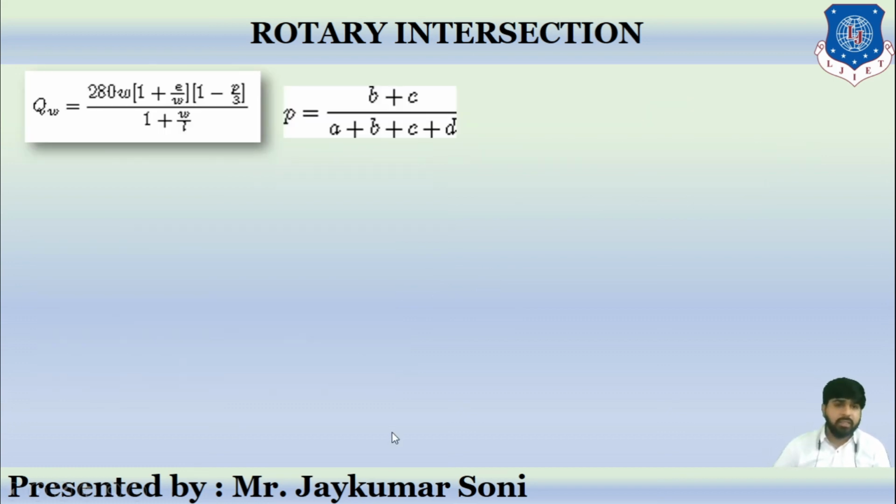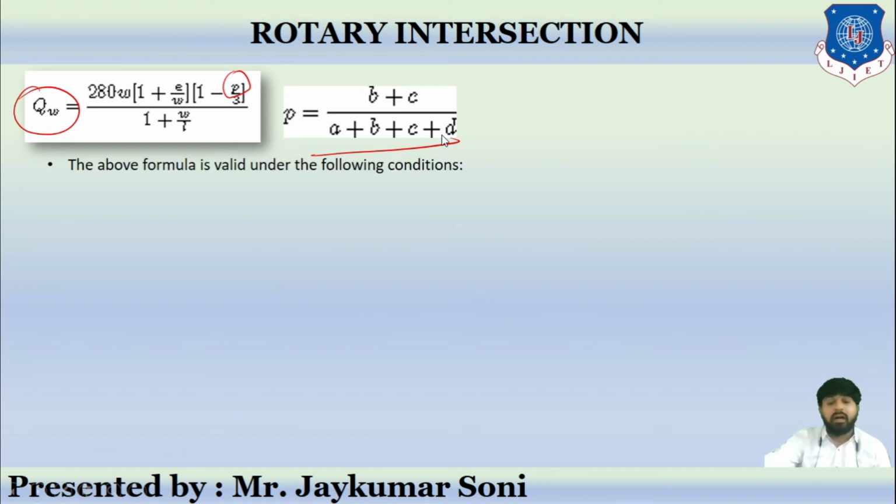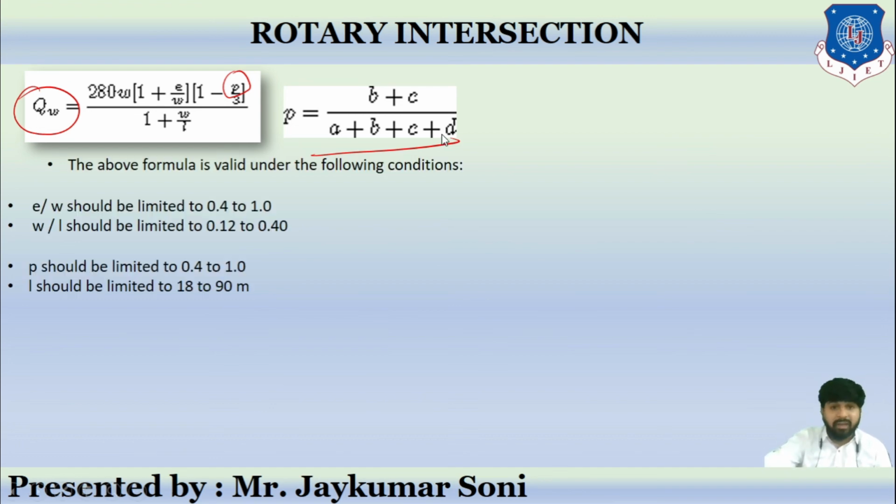So ultimately, this was the equation in which you have to put the value of P as (B + C)/(A + B + C + D). The above formula is only valid if E/W is limited to 0.4 to 1, W/L should be limited to 0.12 to 0.4, P should be limited to 0.4 to 1, and L should be limited to 18 to 90 meters.